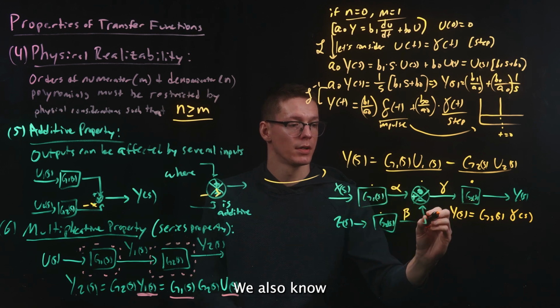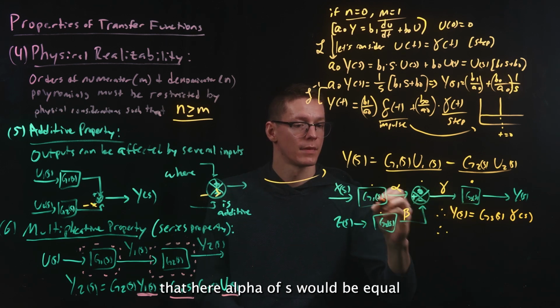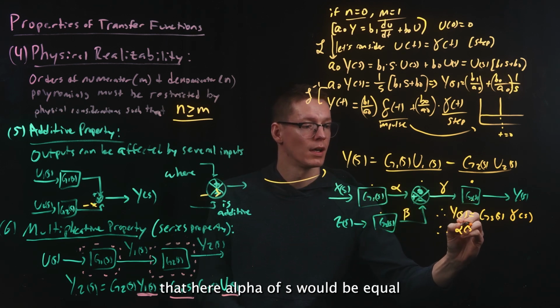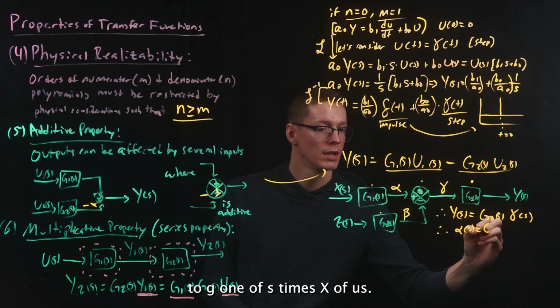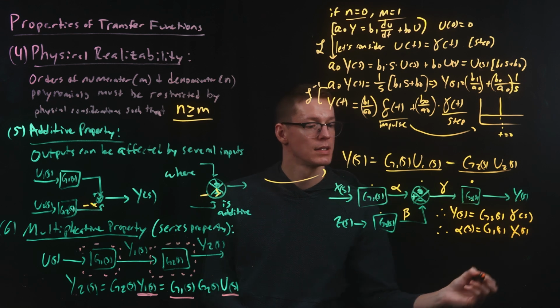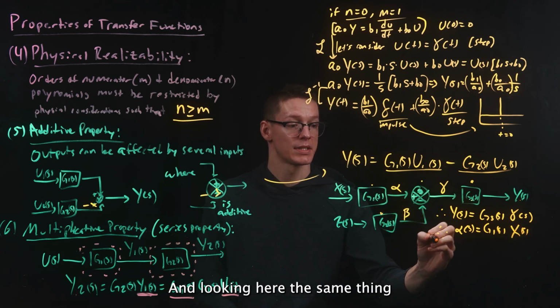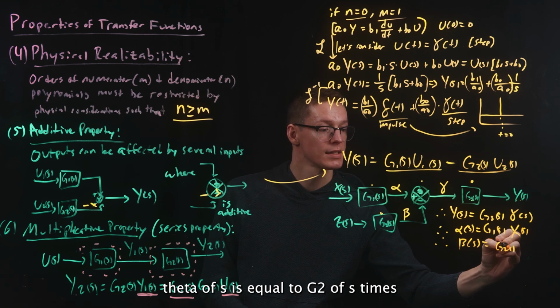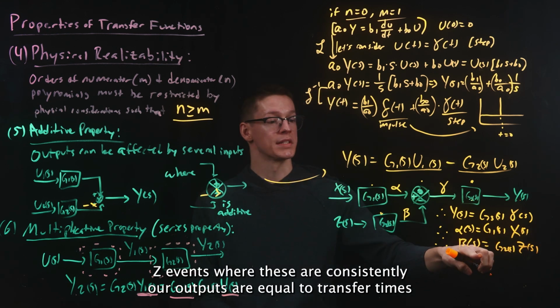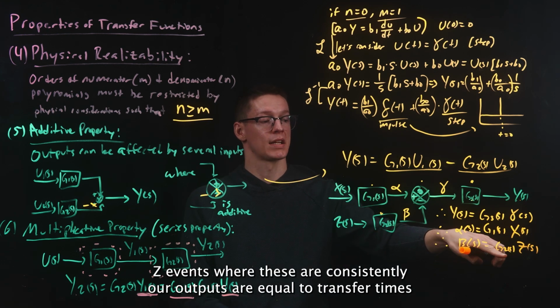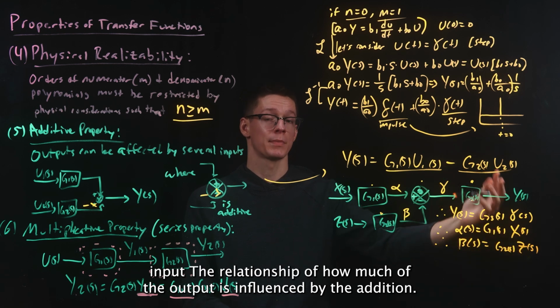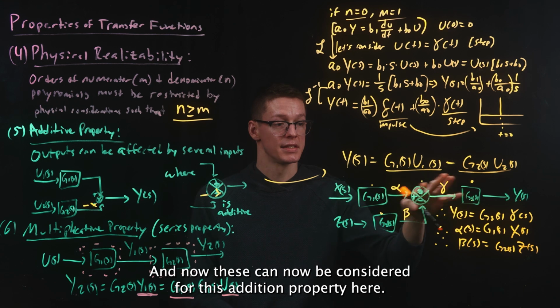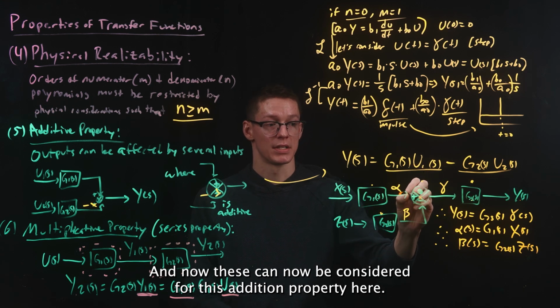We also know that here, alpha of s would be equal to g1 of s times x of s. And looking here, the same thing, beta of s is equal to g2 of s times z of s, where these are consistently our outputs equal to transfer times input, the relationship of how much of the output is influenced by the addition. And now these can be considered for this addition property here.